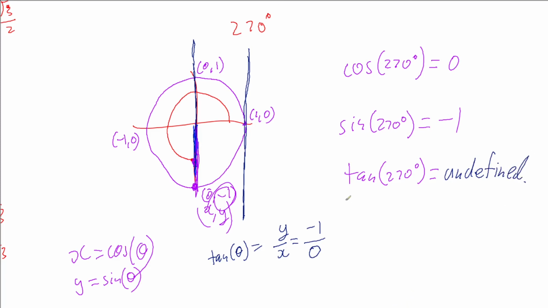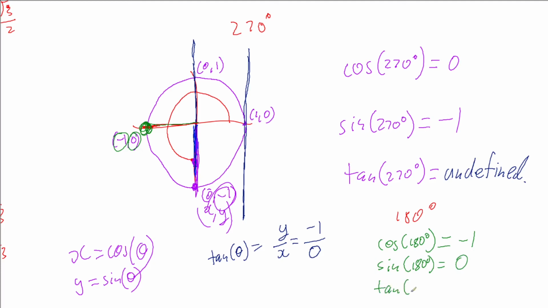There's no answer there. We can do similar for 180 degrees. 180 degrees is over here. So cos of 180 degrees, that's the x coordinate, which is negative 1. Sine of 180 degrees, that's the y coordinate, 0.